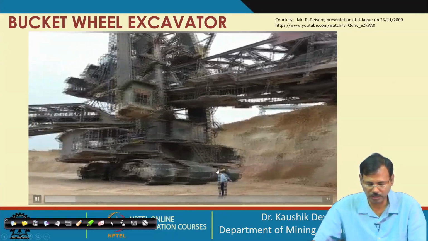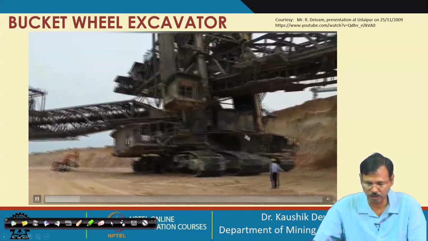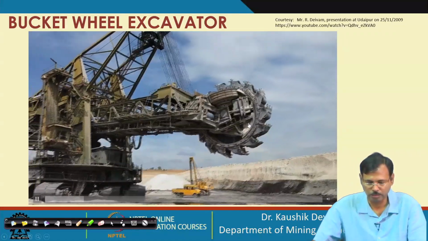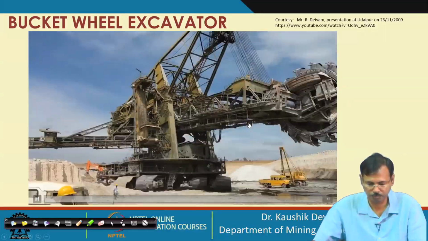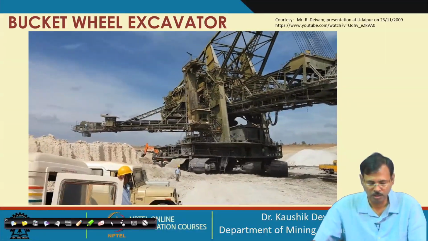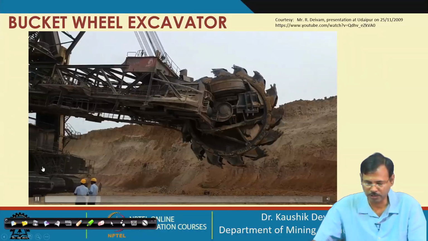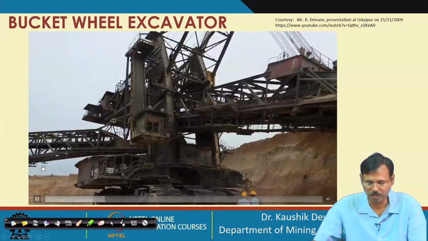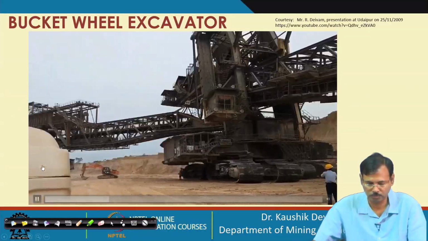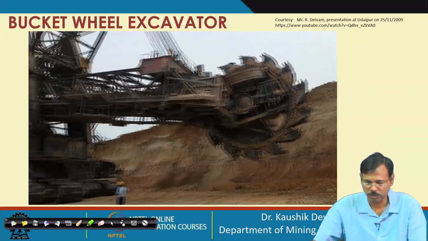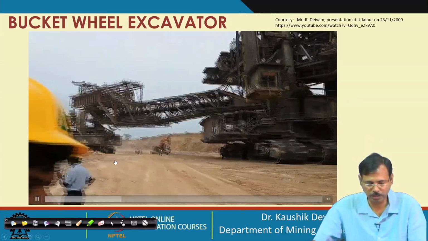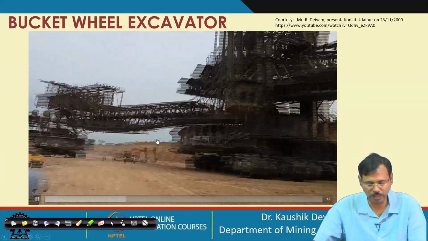You can see these are the 8 crawlers allowing the bucket wheel excavator to move. And this is the operation of the bucket wheel excavator in the overburden rock. And this bucket wheel excavator is operating along with a bridge conveyor at this side.